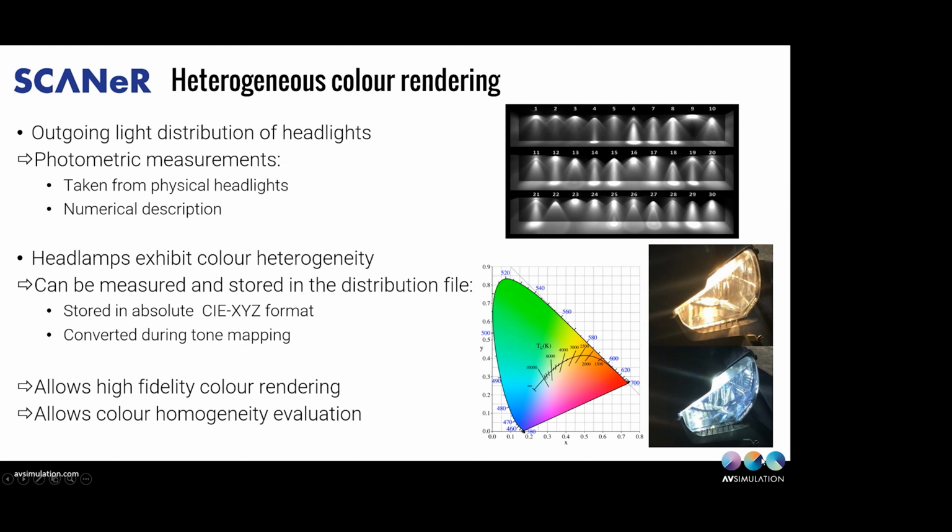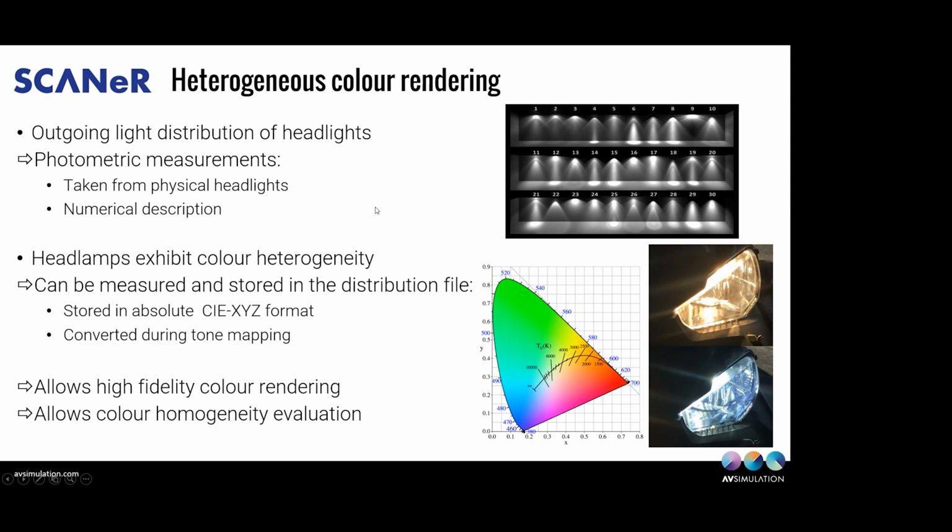As you can see here, we can measure what the actual light is, or if you have a numerical description of your headlamp in different kinds of software, you're able to extract this light distribution data from this software and incorporate it into our software. We're compatible with many file formats for light distribution. So this is not a problem for us to integrate your light distribution into the software.